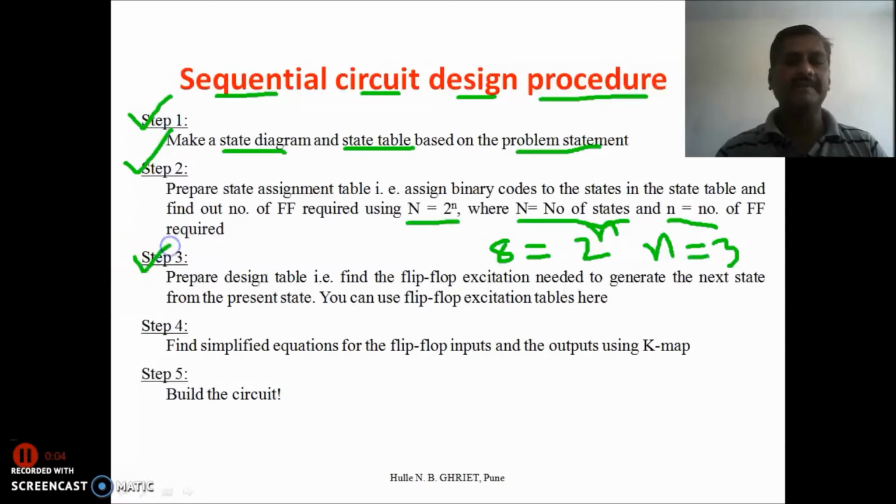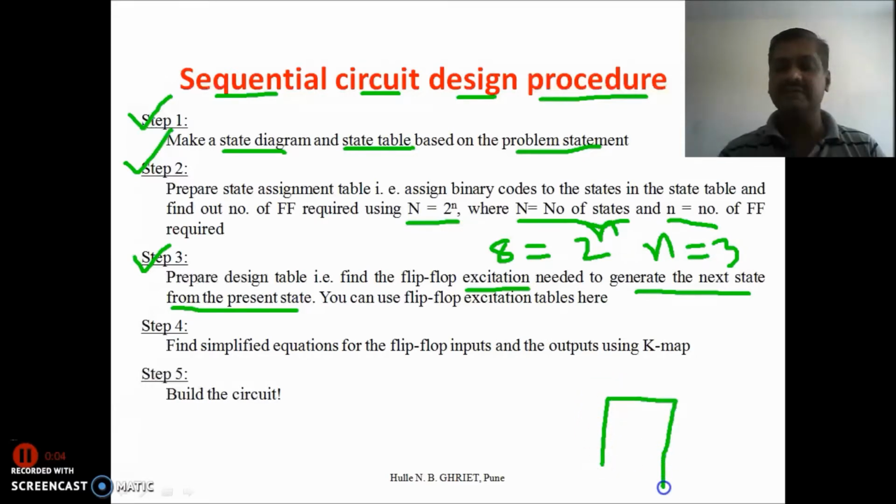Then step number 3, prepare a design table to find out the flip-flop excitation needed. In this case, we are finding the flip-flop excitation, that is nothing but the input needed to the flip-flop to generate the next state from the present state. As far as the flip-flops or memory elements are concerned, we have to be very careful about two things: what is the present state and what is the next state.